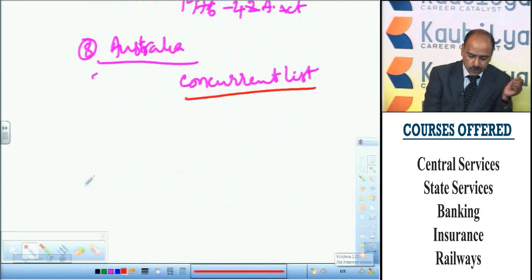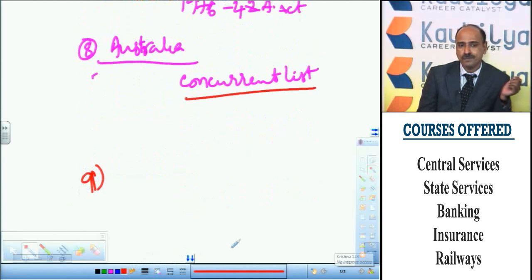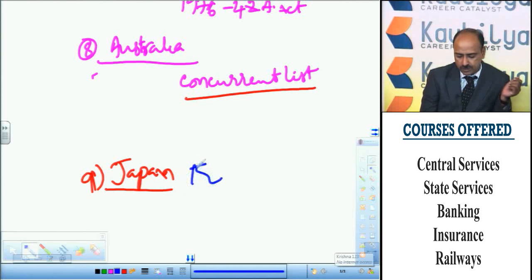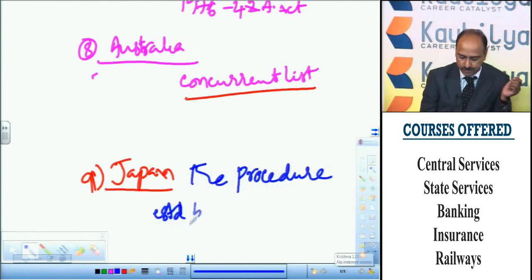Next, the ninth source of our constitution was Japan. Only one concept we borrowed from Japan, that is the procedure established by law.